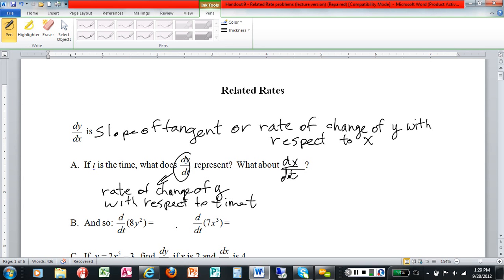Yep, we're going to be able to do dx dt's. Usually we're used to seeing x with the derivative with respect to x, but here we're doing the derivative with respect to t. So couldn't we do that? Yeah. And so guess what dx dt means? It's the rate of change of x with respect to t.